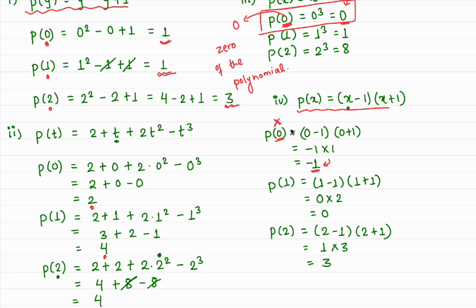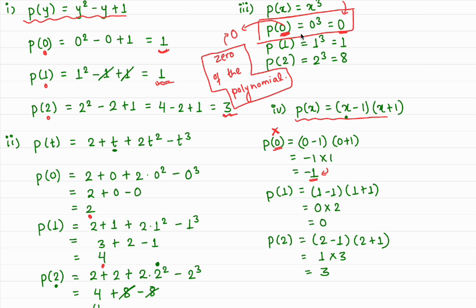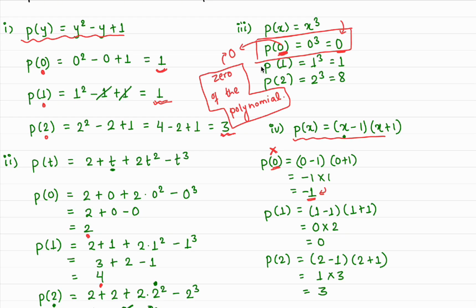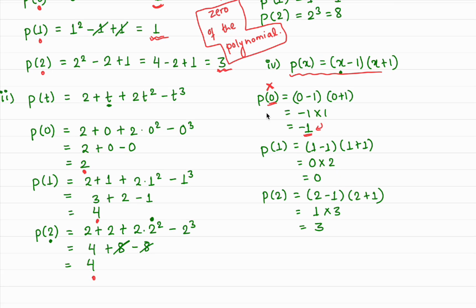So the zero of the polynomial need not necessarily be 0 itself. In our third question, the zero of the polynomial was 0 itself, but it's not necessary that 0 is a zero of the polynomial in all cases.